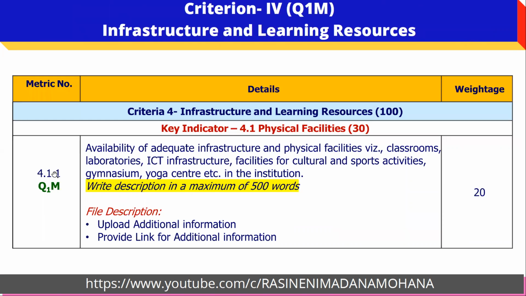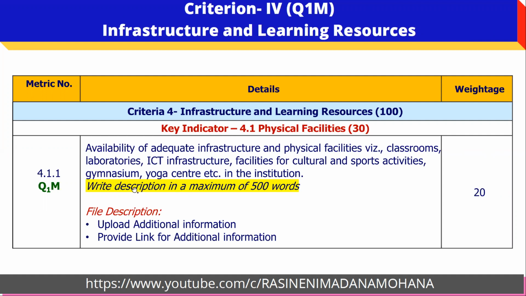The first qualitative metric 4.1.1, the question is availability of adequate infrastructure and physical facilities like classrooms, laboratories, ICT infrastructure, facilities for cultural and sports activities, gym, yoga center, etc. in the institution. For all these areas, the availability of adequate infrastructure and physical facilities for all these aspects.